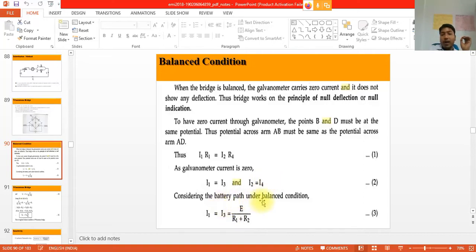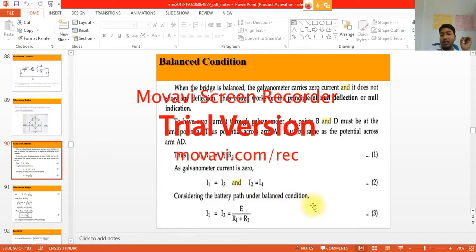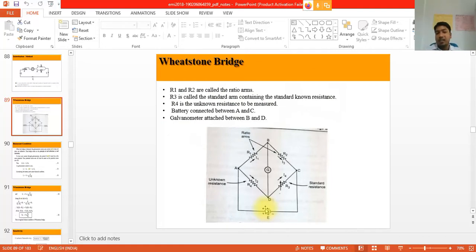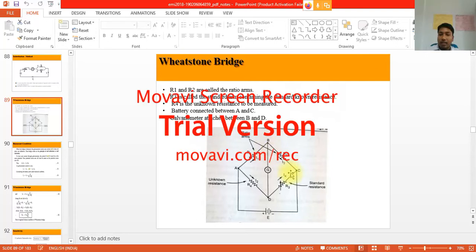Considering the battery path under balance condition, if you want to find the current I1, it is a simple circuit. We apply a loop from the positive terminal of E, then the path goes through A, B, C and then the negative terminal.